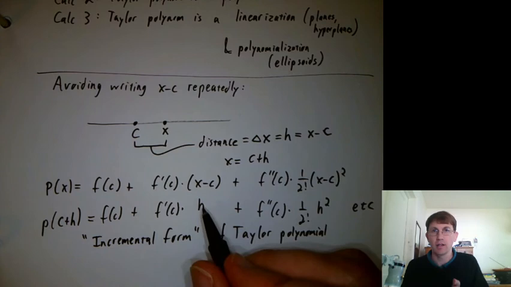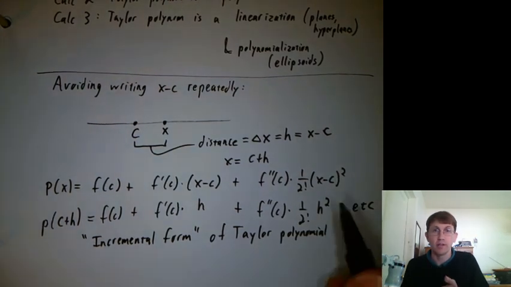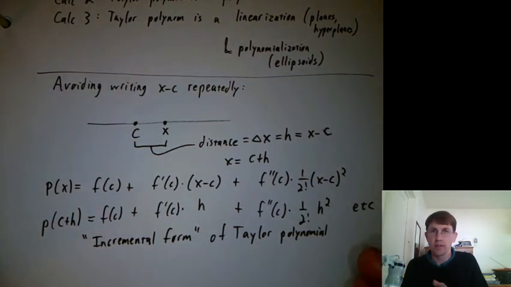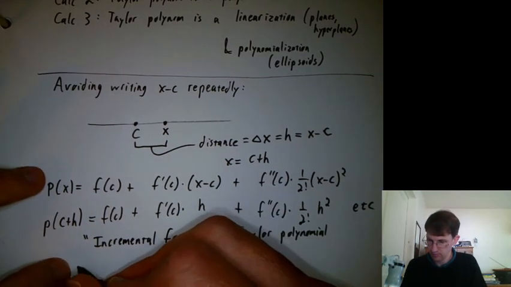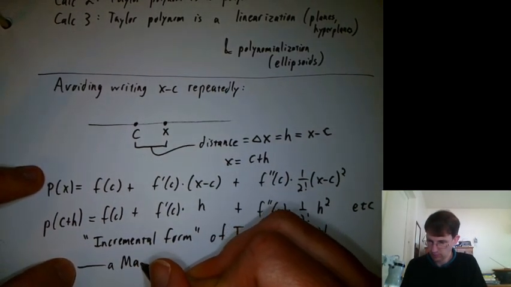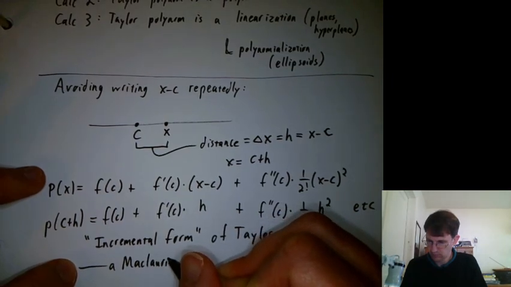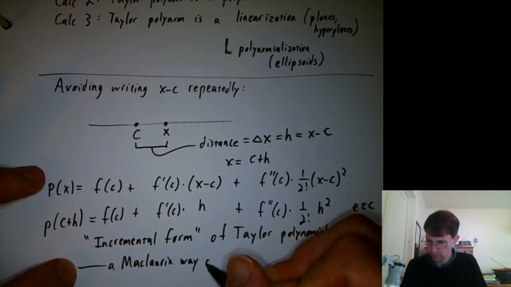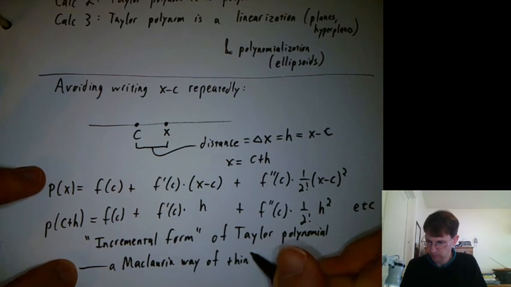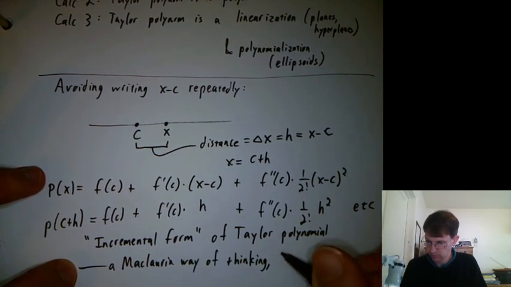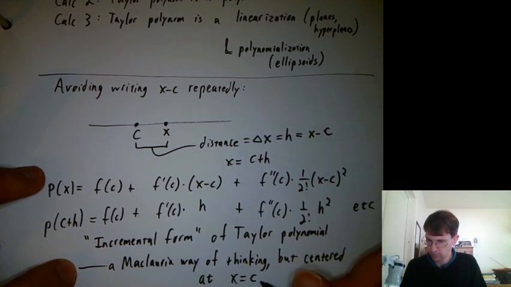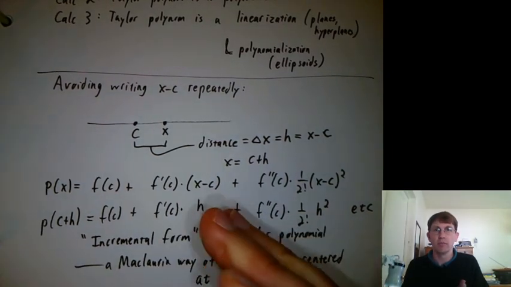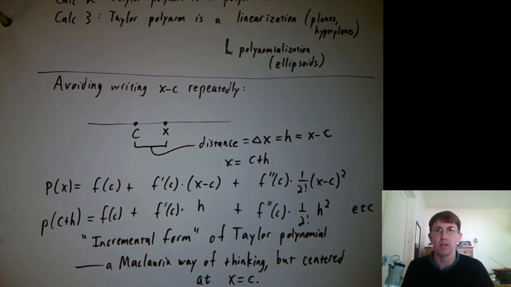We just had x, x squared, etc. So this is basically a Maclaurin way of thinking, but centered at c instead of centered at 0. So it's a way of writing stuff in a little bit more convenient of a notation.